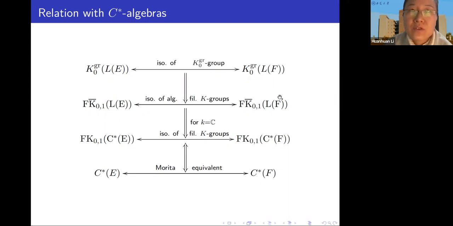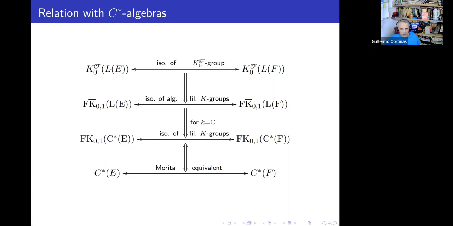Then the filtered K-theory for C*-algebras are the same. And we know they already have results that filtered K-theory classifies the C*-algebras. So we can have that the C*-algebras for E and F are Morita equivalent also.